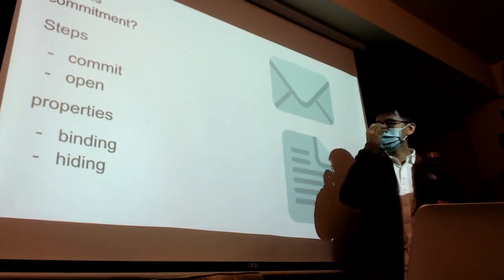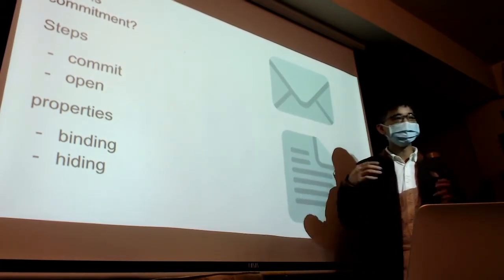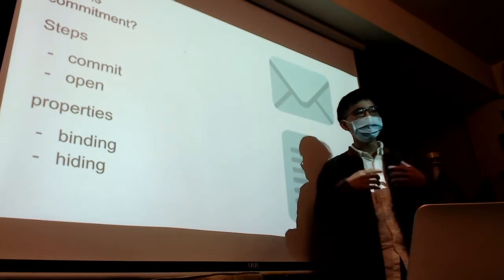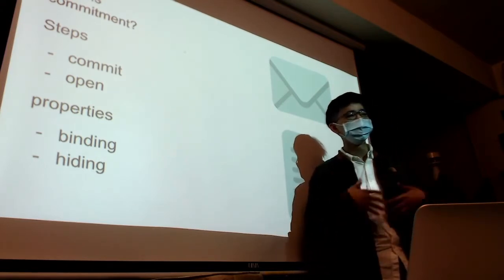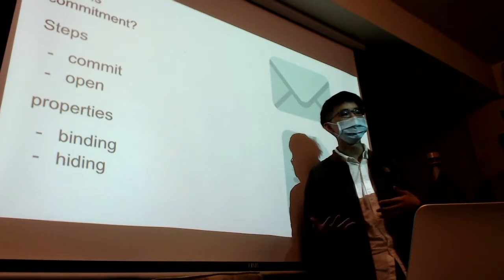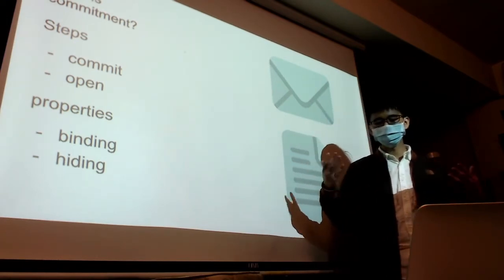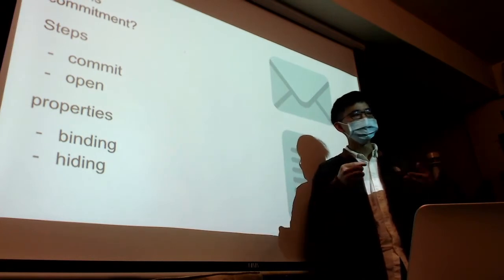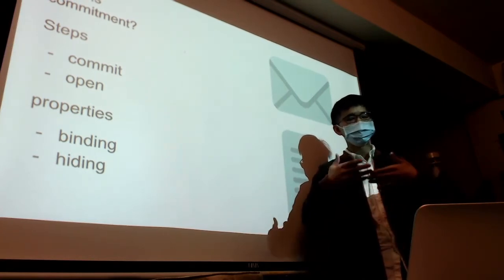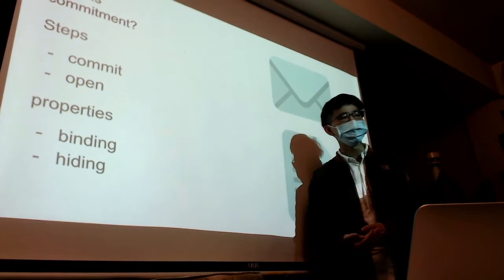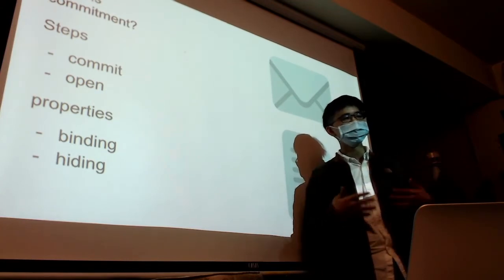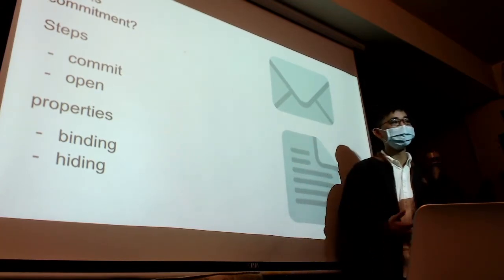And then 3 months later, you need to open it, you need to reveal your message to the public. You need to show your prediction to the public, and it's indeed the message that was committed 3 months ago. It didn't change. It didn't get modified.